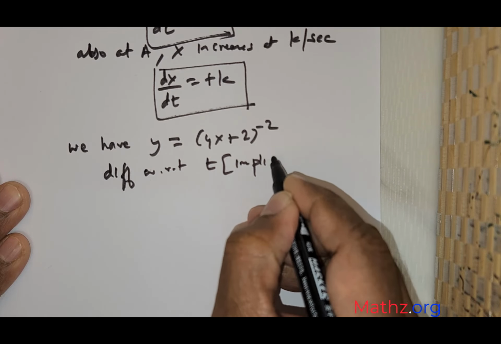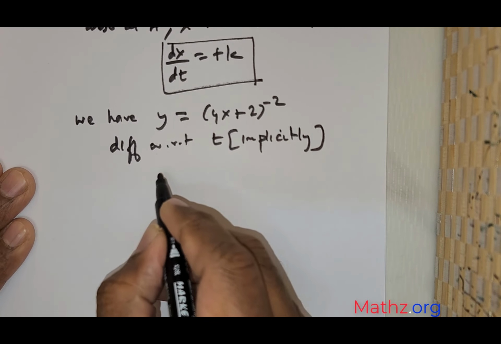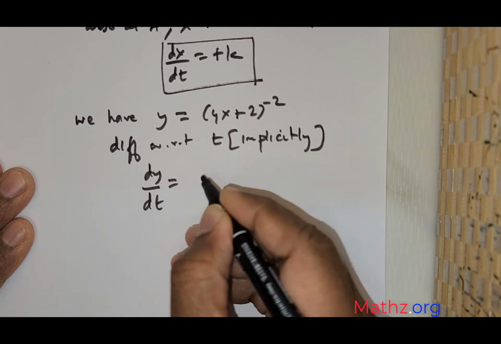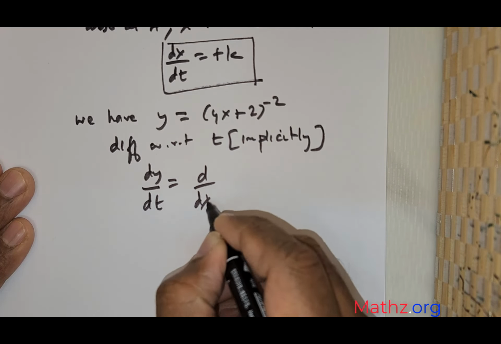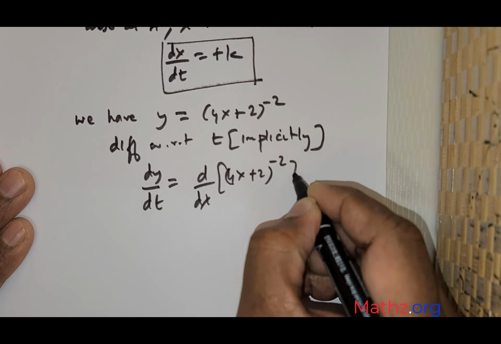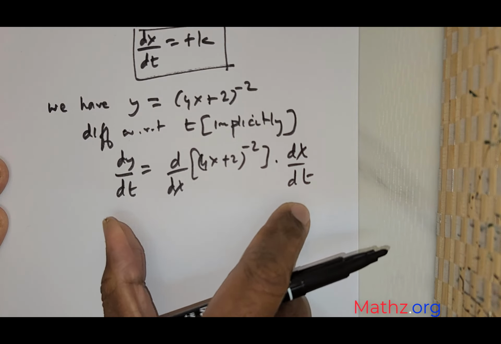So this is an implicit differentiation. This would give us dy/dt equal to the derivative of (4x + 2)^(-2) with respect to x, times dx/dt. So this is an all important step.